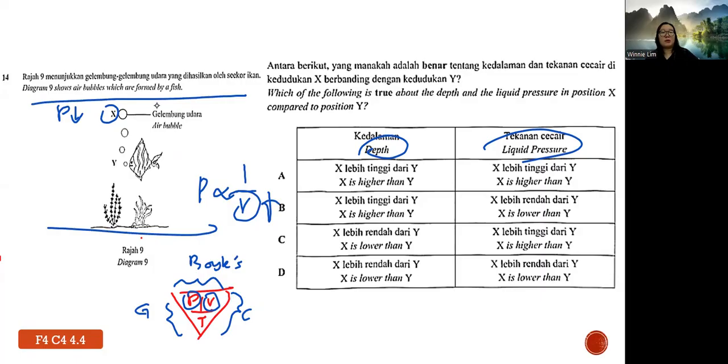Depth is always measured from the surface of the water to the point. So you see this point, the depth of X is less. For Y, the depth is higher. So everything for X is lower. So the answer is D.